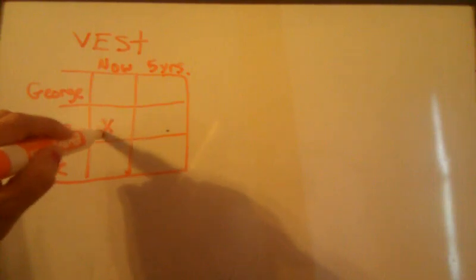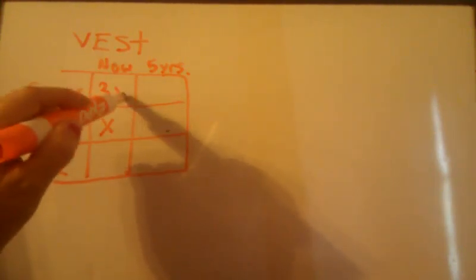Kate and Sue. It says George is 3 times as old as his sister Kate. So who is X? George is 3 times as old. I don't know anything about Kate. So Kate, I'm going to make Kate X. Which means George is 3X. He's 3 times as old as Kate.